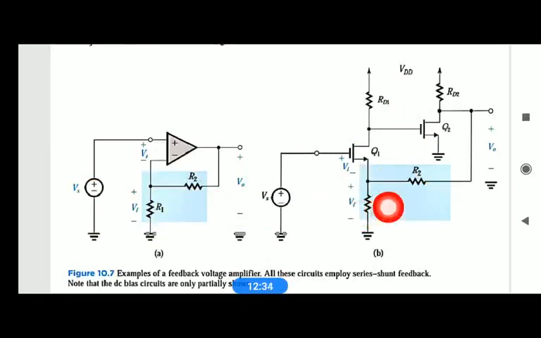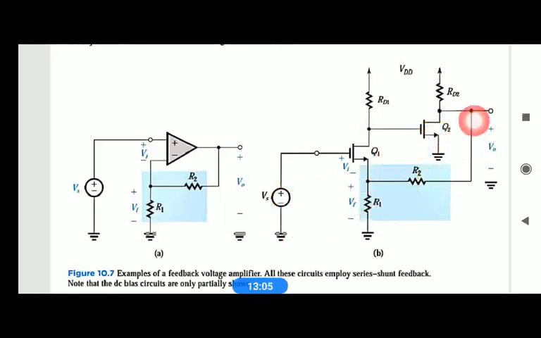In a similar way, there is one more circuit given here, which employs FETs. Here we have two FET circuits, formed by FET transistor Q1 and MOSFET Q2. Here also we have a feedback network.